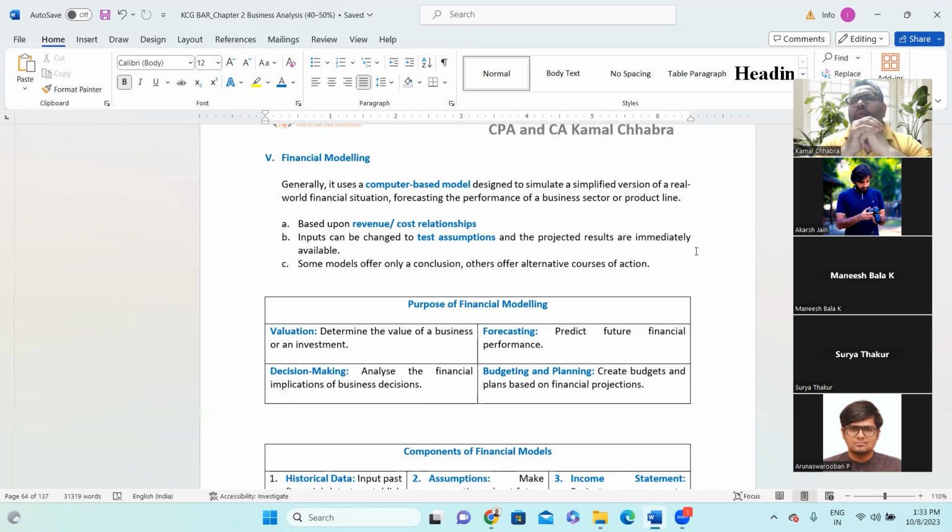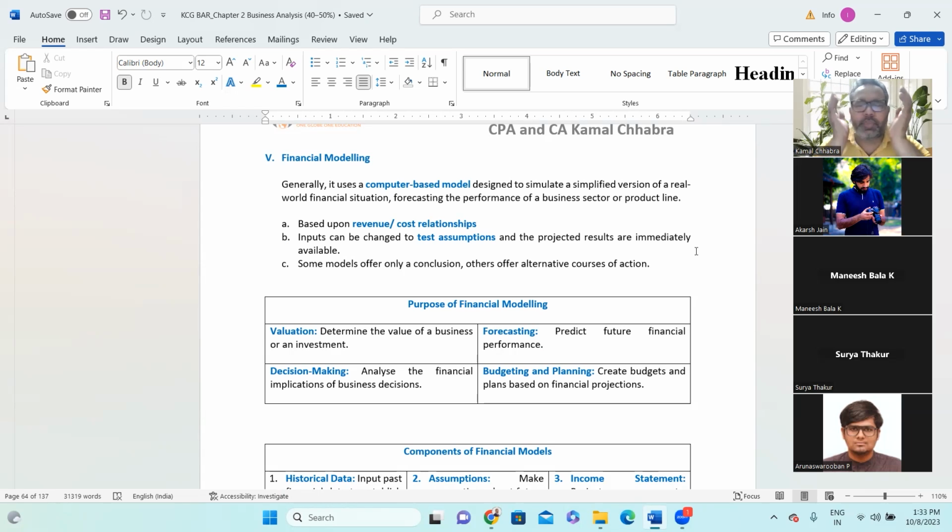Whether to go for an acquisition or not, a merger or not, to open a new branch or not, to open a new segment or not. So for that, generally company do financial modeling.